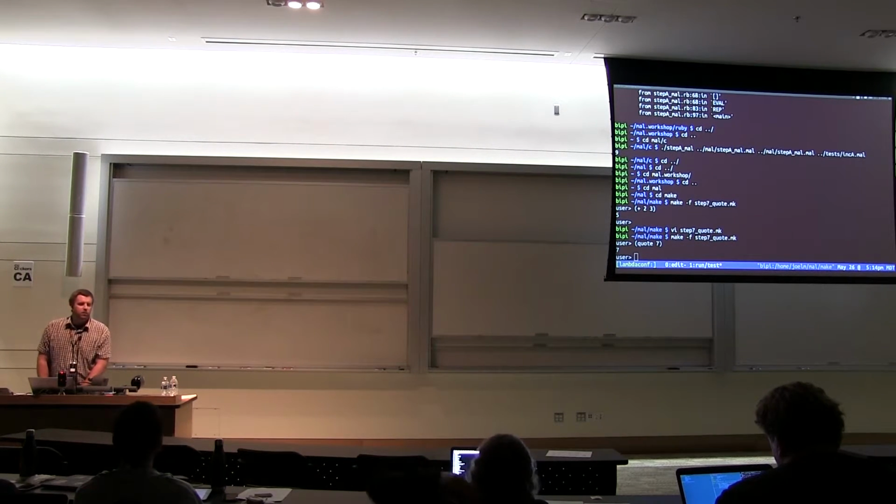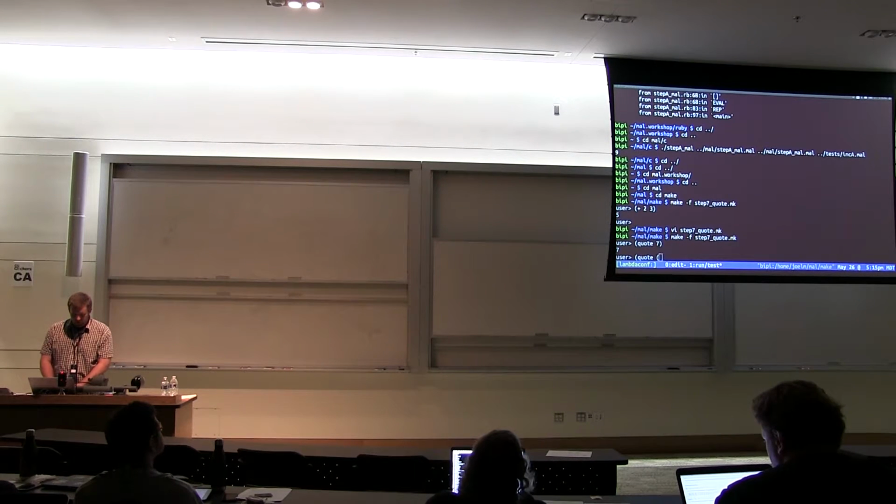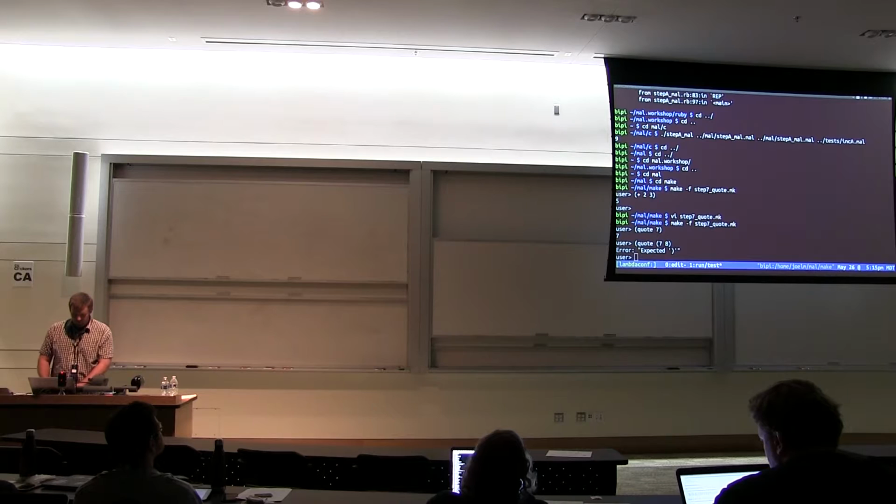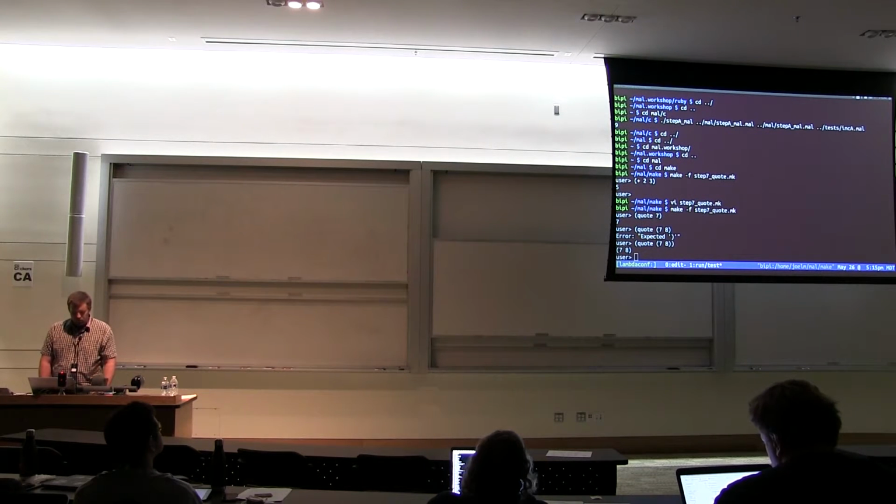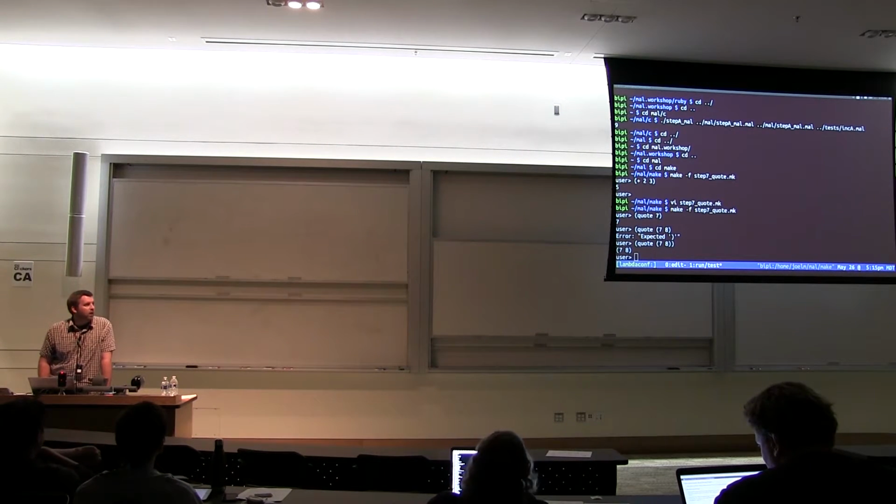What quote does is basically a way of saying don't evaluate this. You're short-circuiting the evaluator. So if I want to have a literal list, I can use the quote special form to tell the evaluator, don't evaluate this, just give it to me straight.